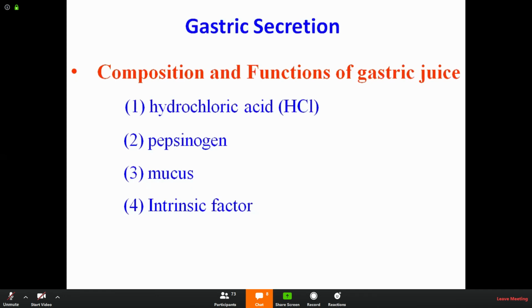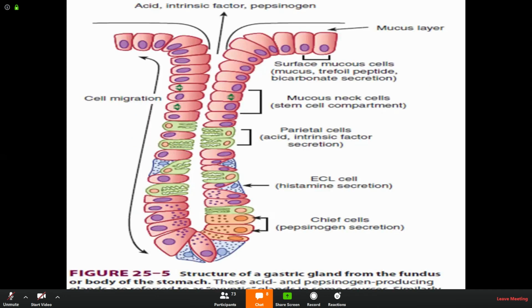Intrinsic factor helps in absorption of vitamin B12. And there are gastric lipases, which help in digestion of the fats.